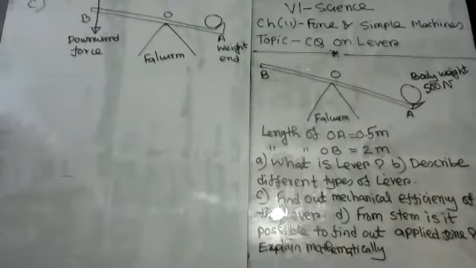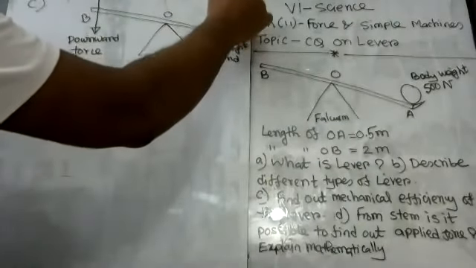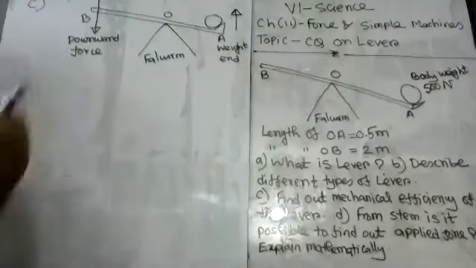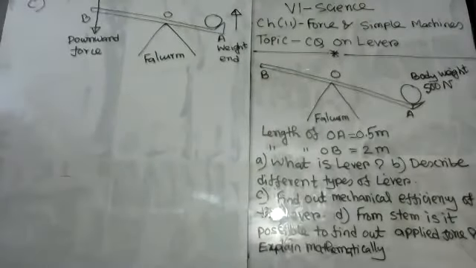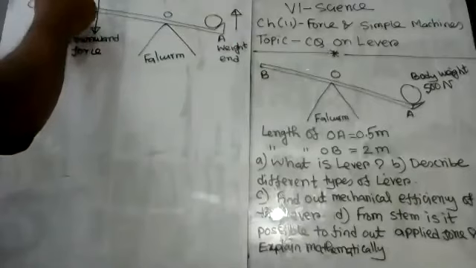So the weight goes in the upward direction and the downward force goes in the downward direction. And this point B end is known as the force end.